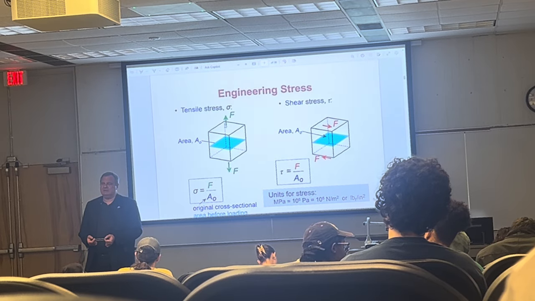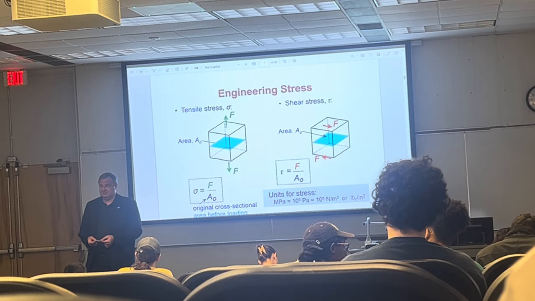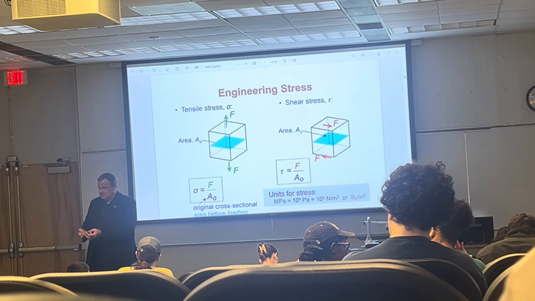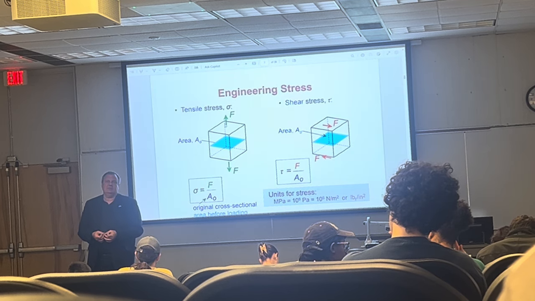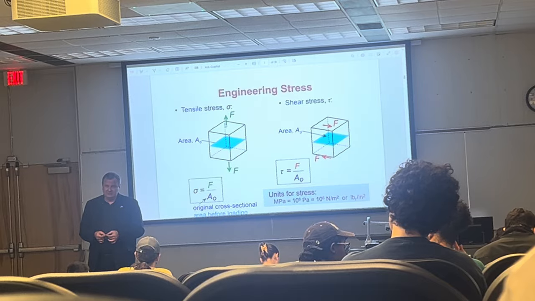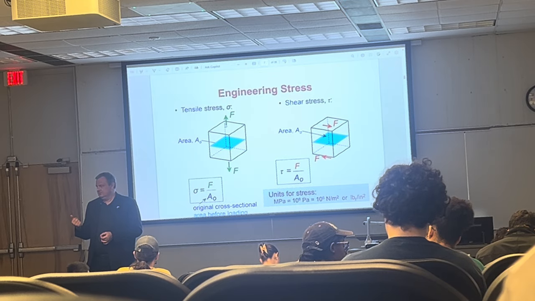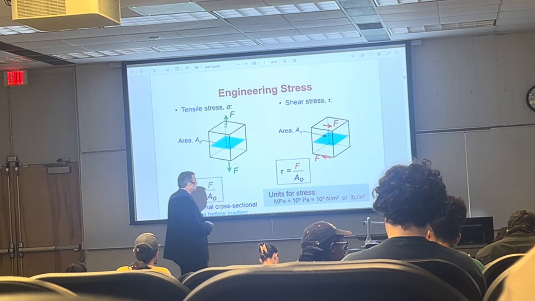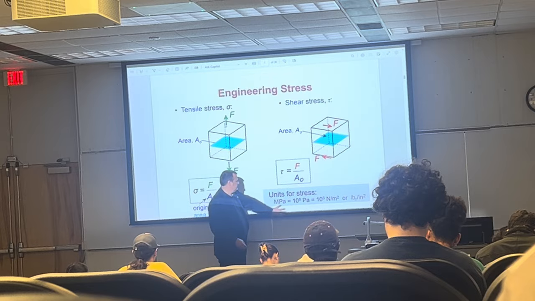And when we do that, it is called engineering stress and strain. If we were to measure by how much it shrinks, we could get instantaneous stress and strain, and they're called true stress and strain. So true versus engineering. For the shear, tau is equal to F over A0.